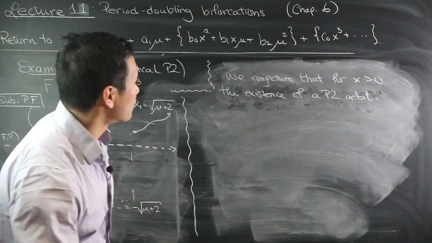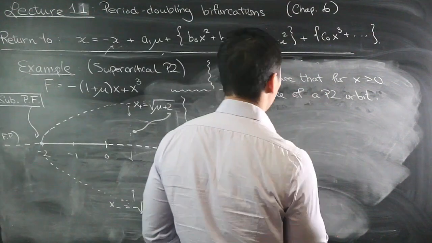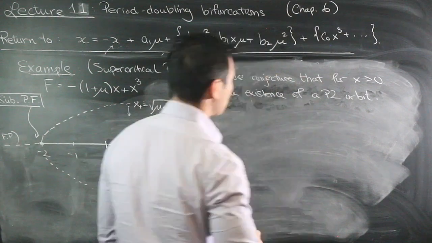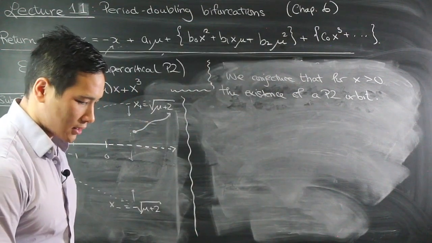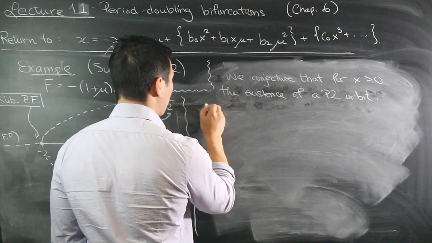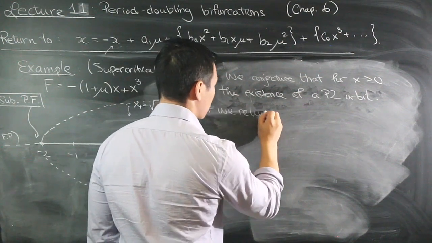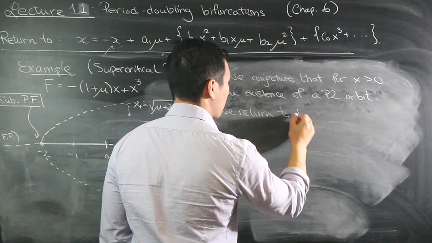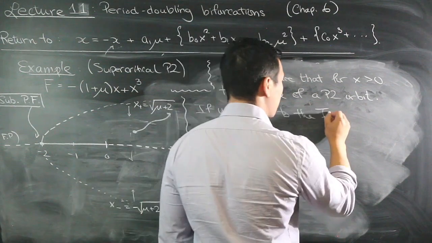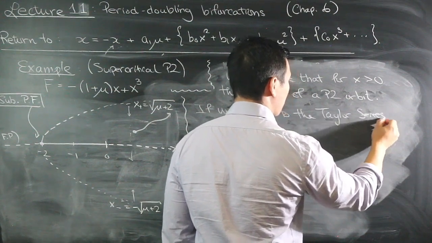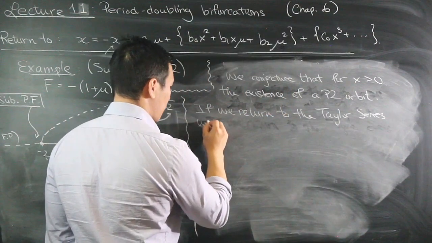Okay, so we conjecture that for mu greater than 0, there exists a P2 orbit. If we return to the Taylor series, we can check.